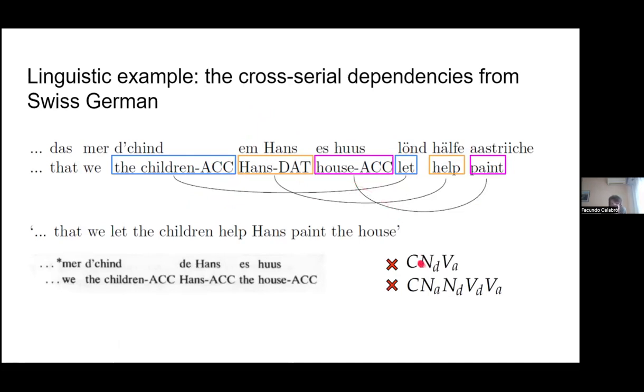And I can either mark the nouns with a different case or alter the position of the nouns without changing the position of its respective verbs either, although this is apparently possible in Swiss German, but Clark in this formalism or in this explanation doesn't rule out this kind of constructions. But it is important to know that these types of constructions are actually grammatical.